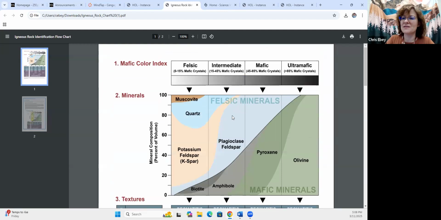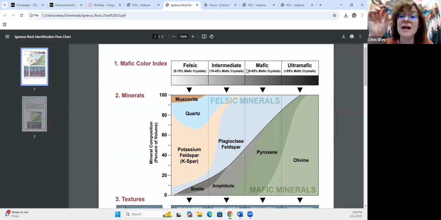These are terrible directions. Because once you identify this step is right, what I would have you do next is identify the texture. Because really it's not color, it's if it's felsic or mafic and the texture of it.